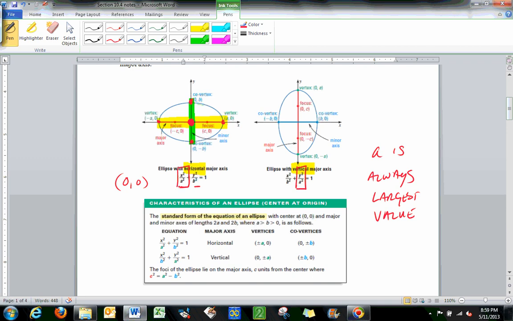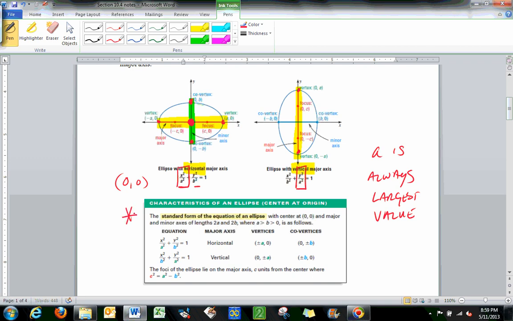The A value is directly underneath the X. So that means that the major axis must run along the X axis. If you look at the one over here that says vertical, the A squared value is underneath the Y, and so in this case the major axis is running along the y-axis, and so it connects the vertices. And keep in mind that the major axis always connects the vertices that are represented by the A value.